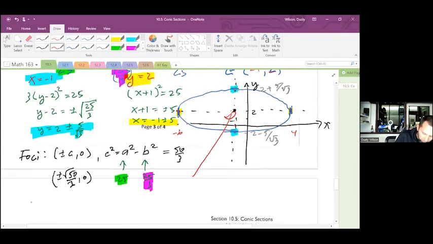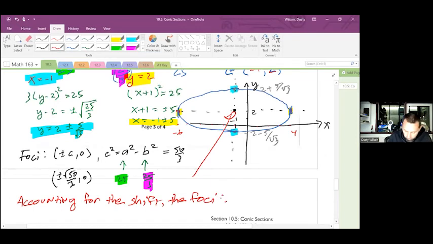So accounting for the shift, the foci are going to be at the center that we were given, -1, 2, and it's going to be -1 plus or minus that square root of 50 over 3.